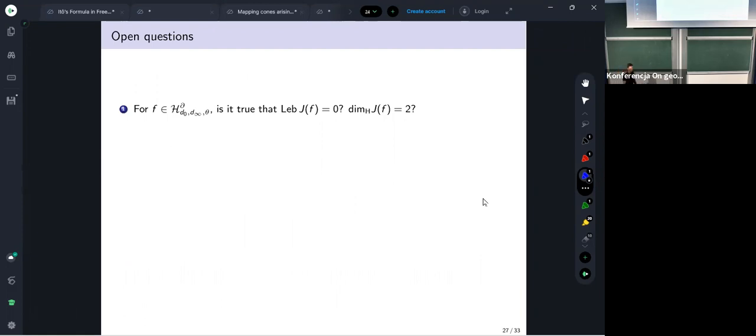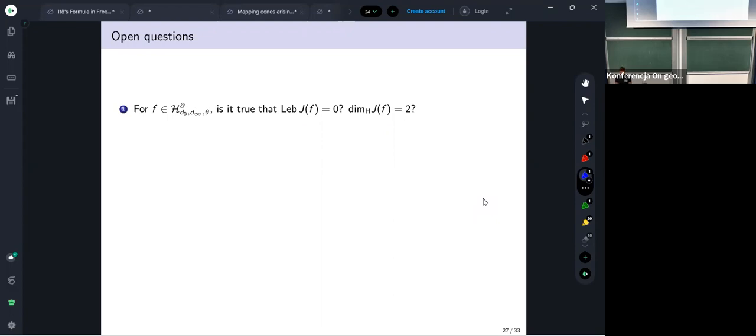The first one, which I think is in the spirit of the series of talks earlier today: I guess my talk is incomplete without mentioning the word Hausdorff dimension. So if F lies in the curly H boundary, so F has a Herman quasicircle, is it true that the Hausdorff dimension of this Julia set is 2?